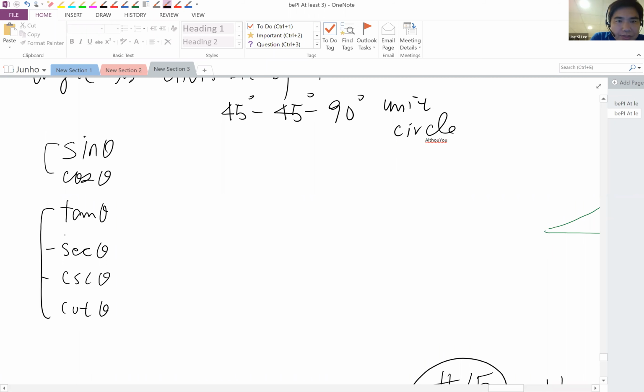So tangent theta means sine theta over cosine theta. Okay. And secant theta means 1 over cosine theta.